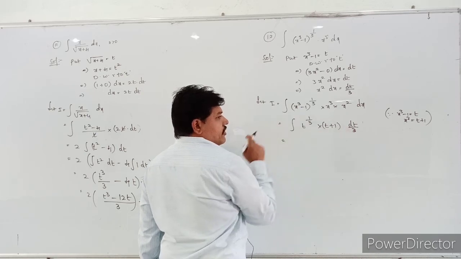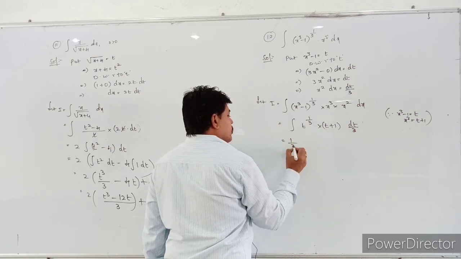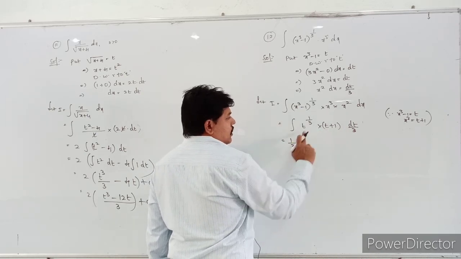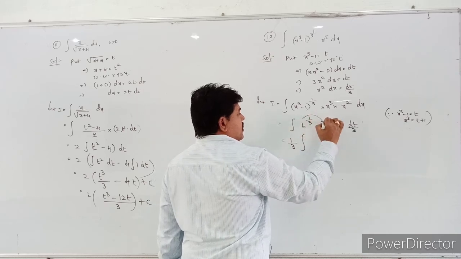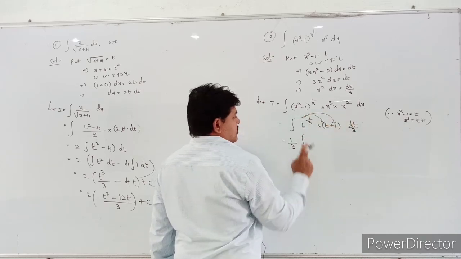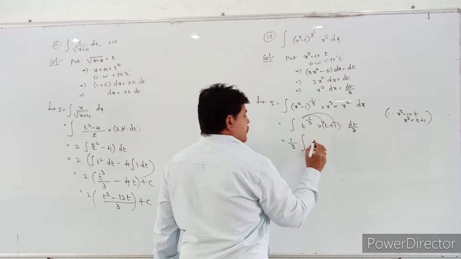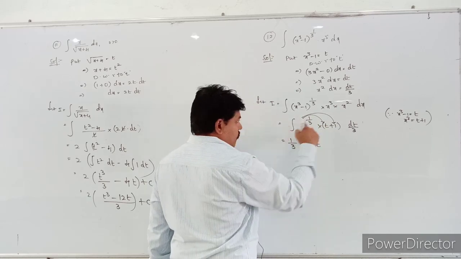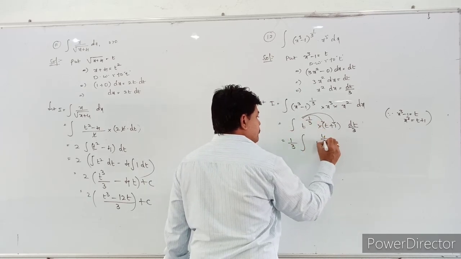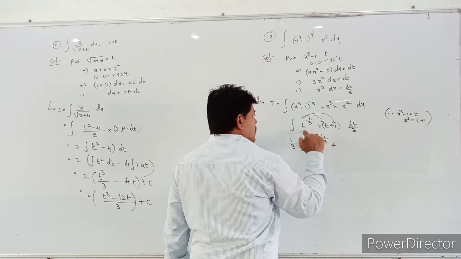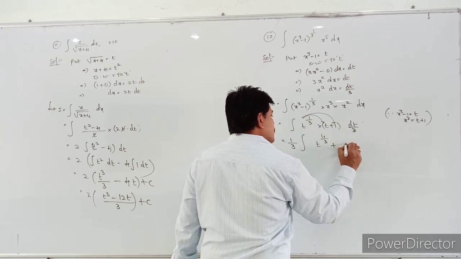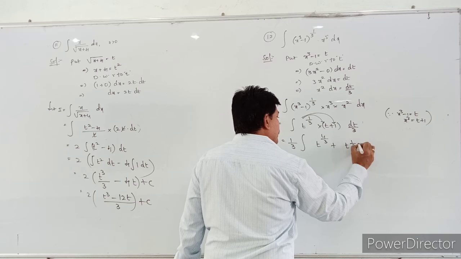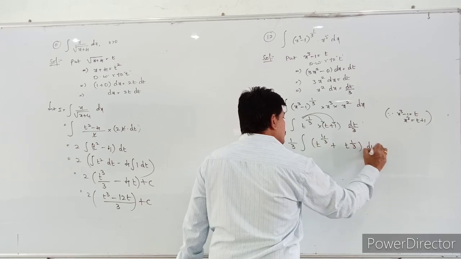Take this 1 by 3 out. What will it become? 1 by 3 into the integral of, multiplying these two terms, t power 1 by 3 into t, which is t power 1 by 3 plus 1, that is t power 4 by 3, plus t power 1 by 3 into 1, which is t power 1 by 3, into dt.